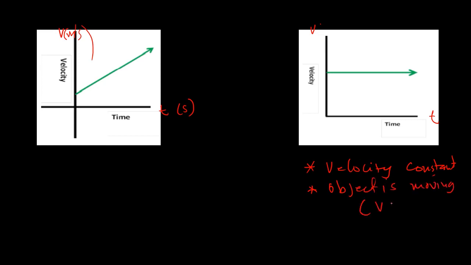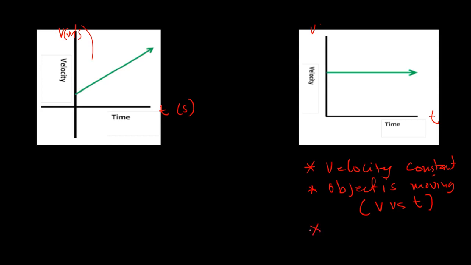Meaning to say, in this line here, I can write: when you see this line, velocity is constant, and obviously the object is moving, provided that this is a velocity versus time graph.